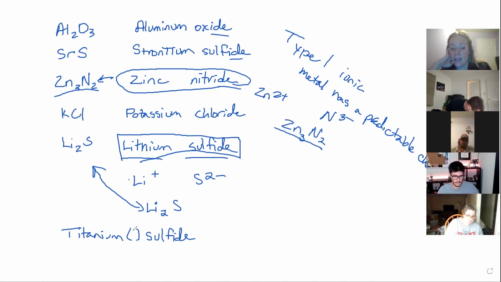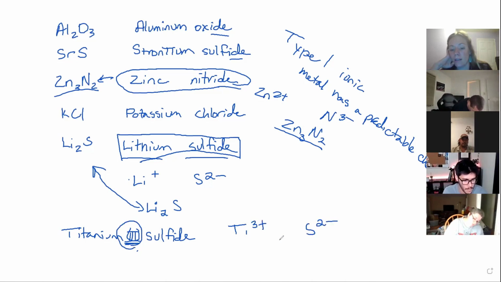So is this titanium with a 1 charge? Is it titanium with a 2 charge? Is it titanium with a 3 charge? So you will have to write that in. If it's titanium with a 3+ charge, now I can come up with a formula because titanium has a 3+, written here with the Roman numeral. Sulfur is always 2-, flip-flop.